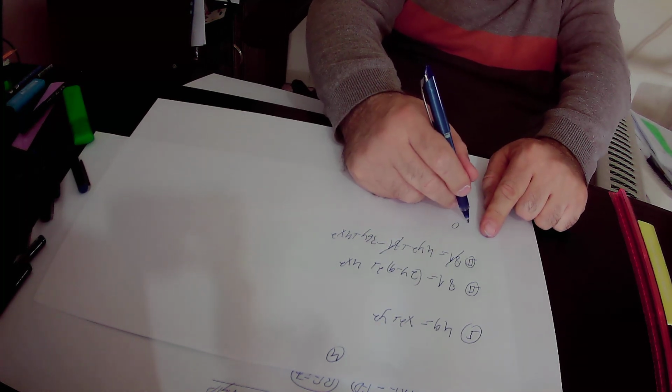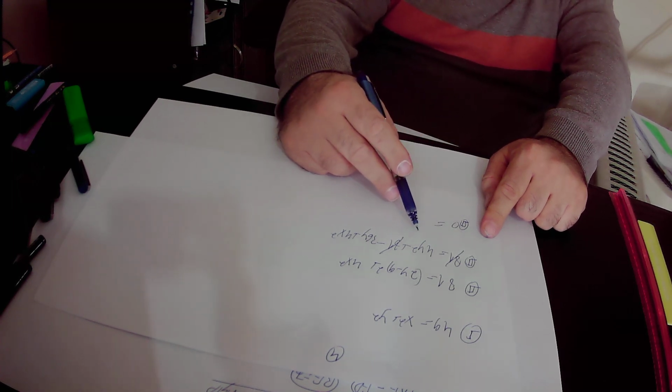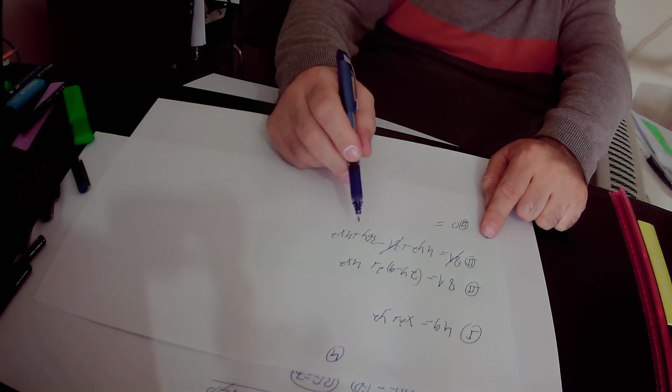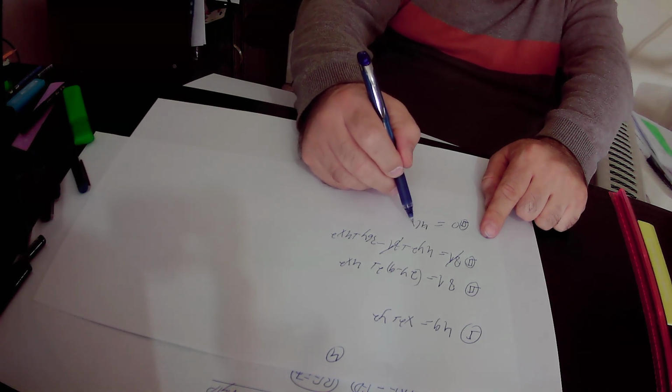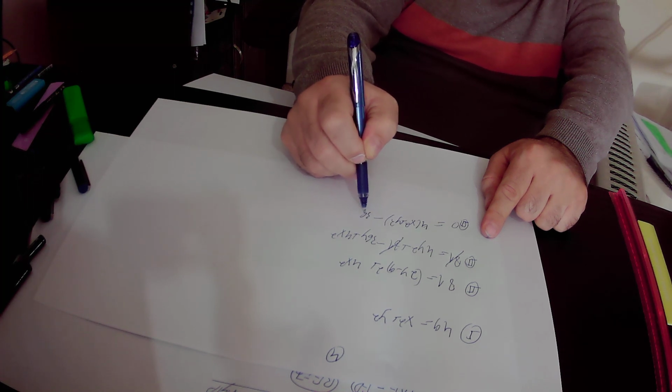And here is 0 equals to, here we take 4 as a common factor, for 4y square plus 4x square, it will be 4 times (x square plus y square) minus 36y.